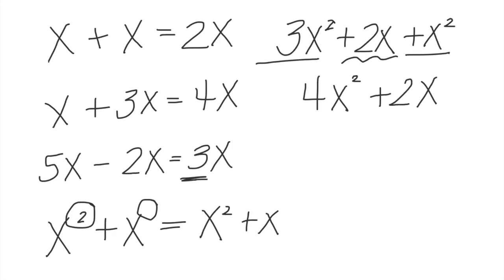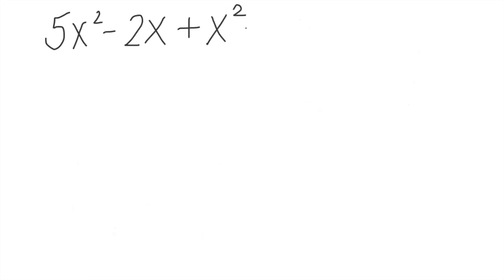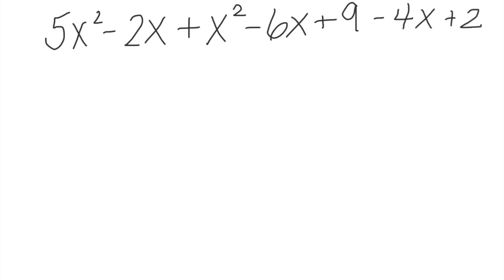All right, any questions? Okay, good. So let's see what that looks like. We have 5x squared minus 2x plus x squared minus 6x plus 9 minus 4x plus 2. Here, we're going to combine everything that's the same.